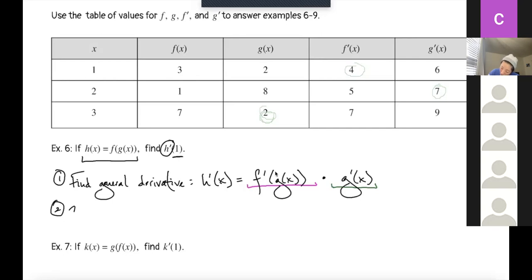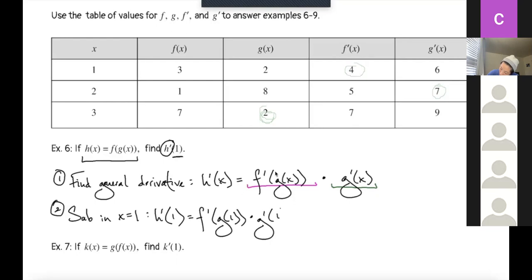So now we're going to sub in x equals 1. So h prime of 1 equals f prime of g of 1 times g prime of 1. Just to highlight that, I plugged in 1 here, 1 here, and 1 here.